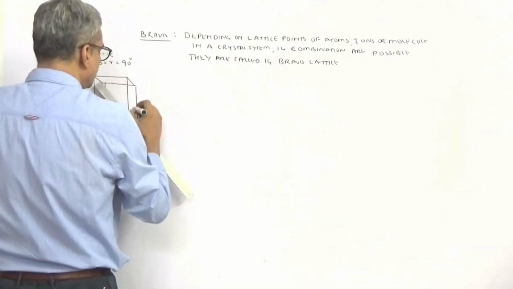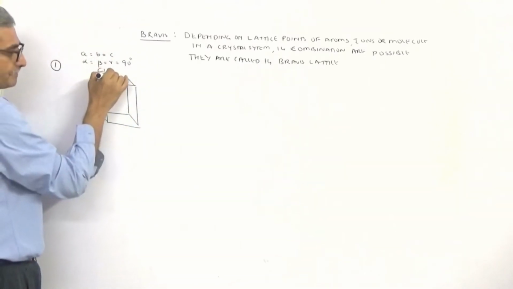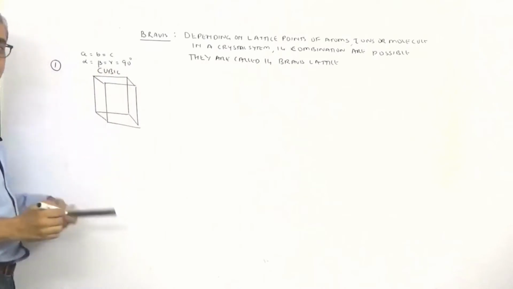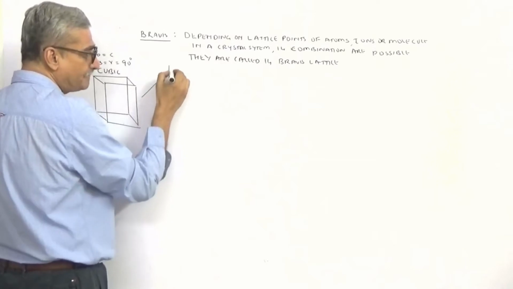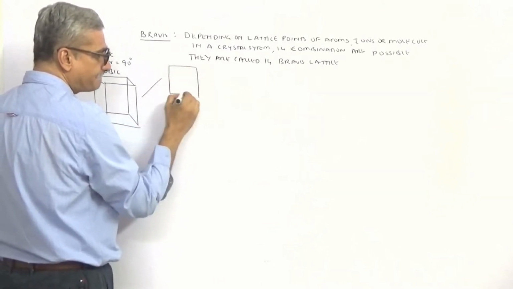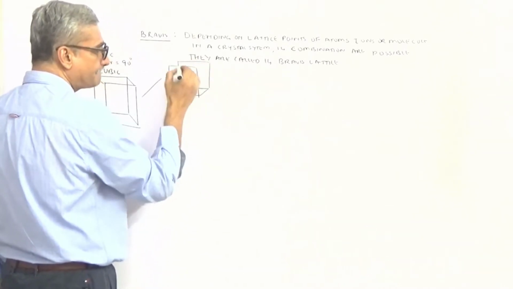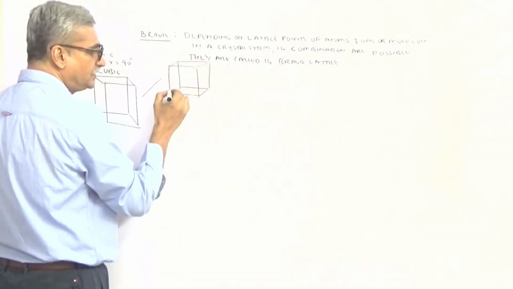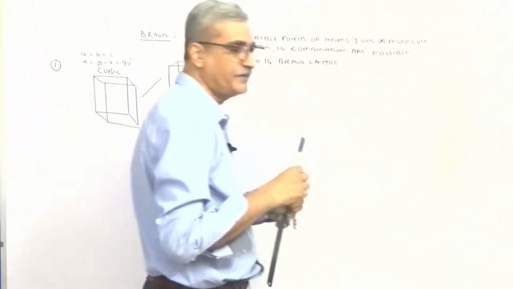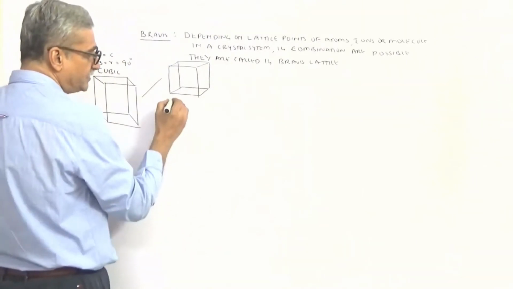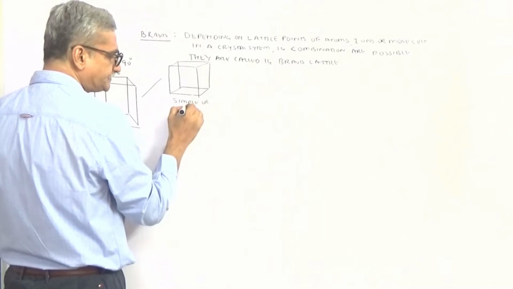This system is called a cubic system. In cubic, basically there are three Bravais lattice. What are the three Bravais lattice? The first one is what we call simple cubic, simple or primitive.